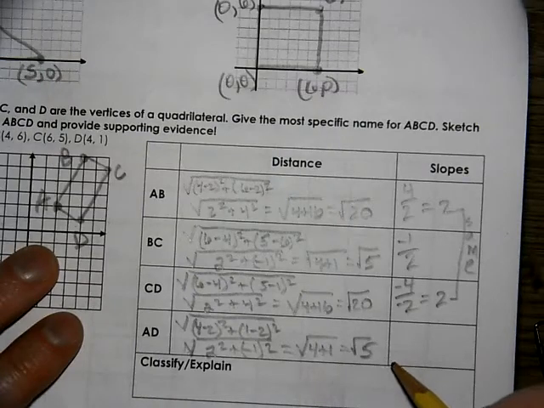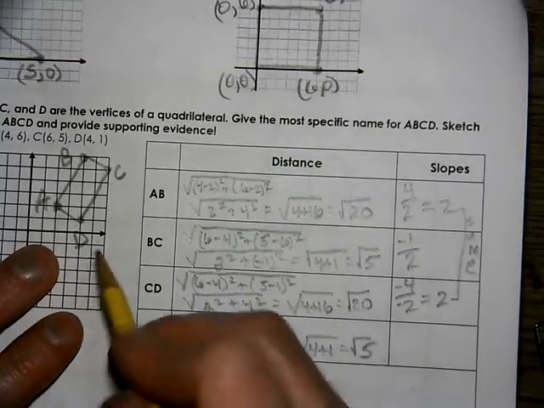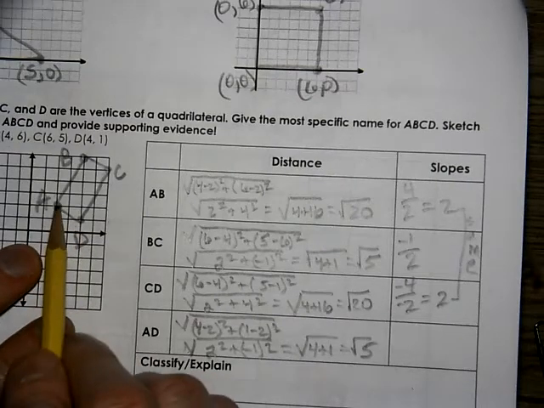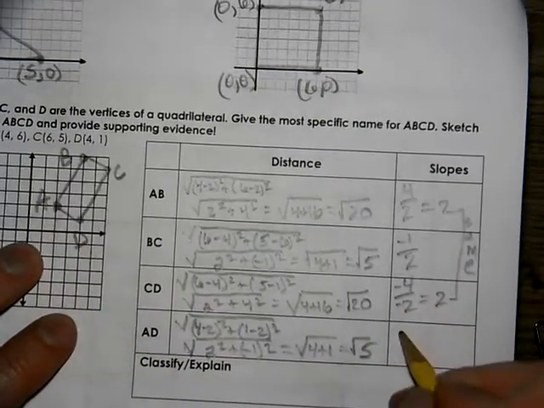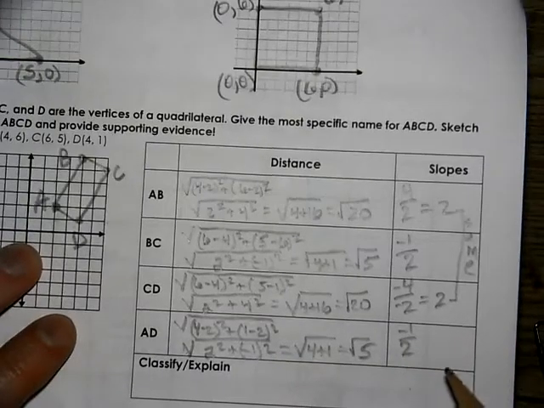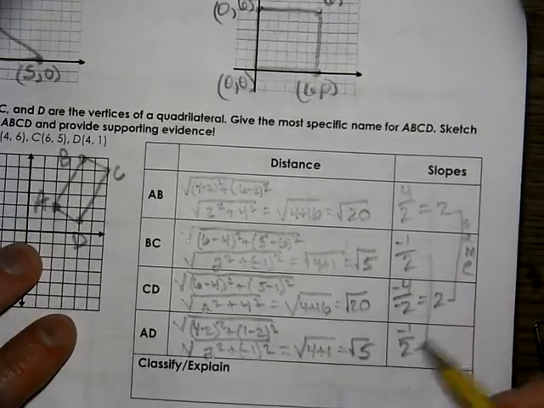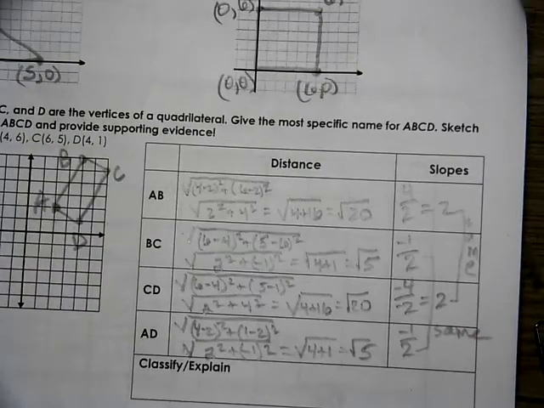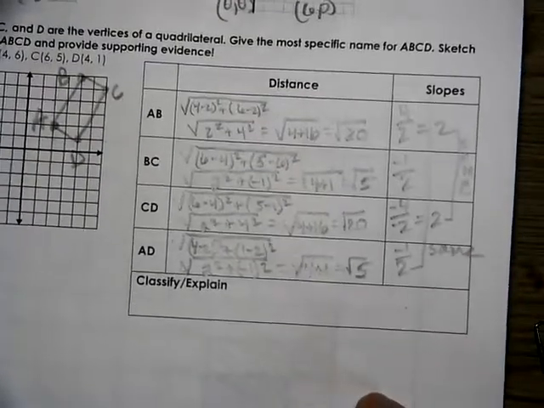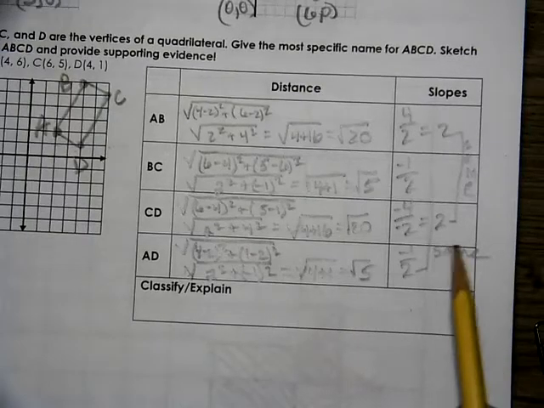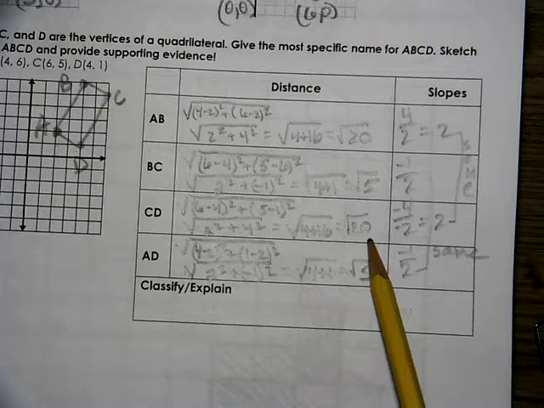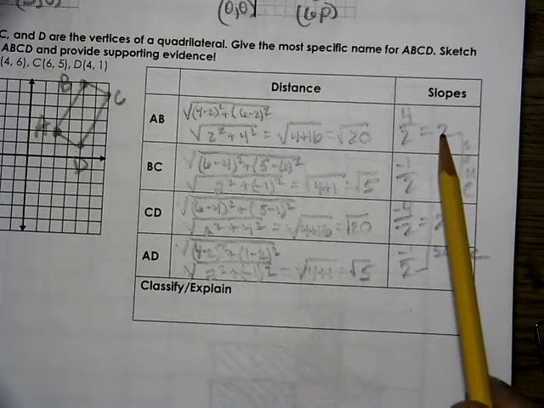So that makes those two parallel. And then we also have from A to D down 1 over 2. That made those the same. So now we have two sets of parallel sides. So that definitely makes it a parallelogram, which we were pretty sure was true because of our two sets of opposite sides. But also look at the slopes.